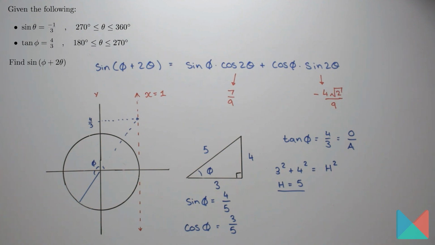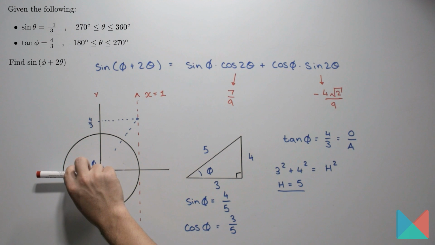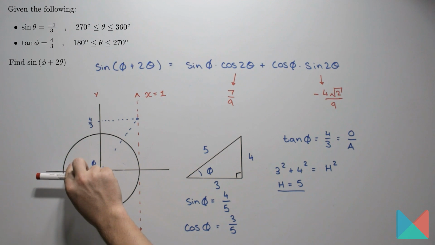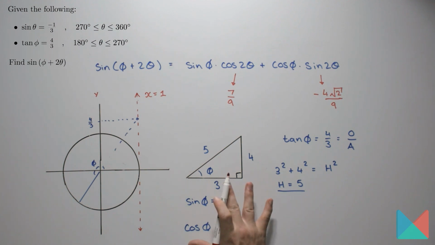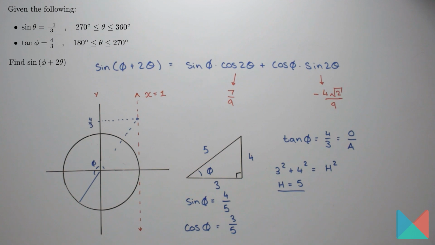And this is because we have to realize that our angle is in the third quadrant of the unit circle, which means we are reading a coordinate of the negative x and negative y axis. And this means that our value for cos of phi and sine of phi will both be negative. And so what we have to do with our solution here is reflect it to the context of our question on the unit circle.